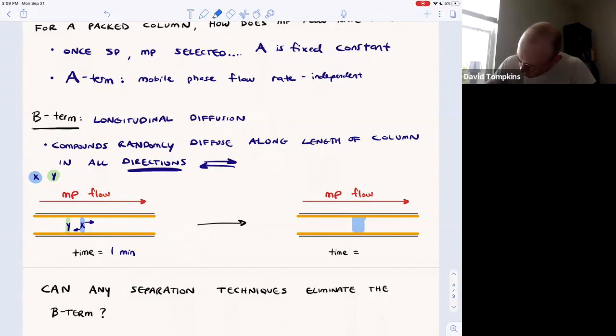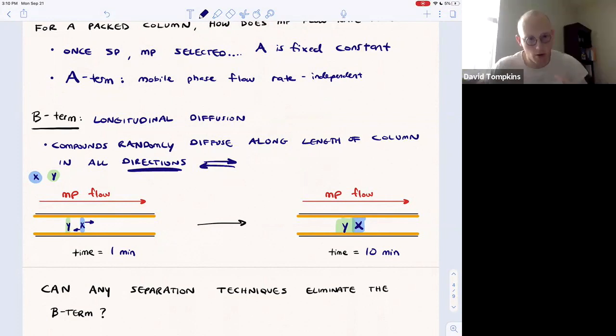Some X molecules will be further ahead, others further behind, if you were to take a snapshot maybe at 10 minutes in the separation as opposed to 1 minute.